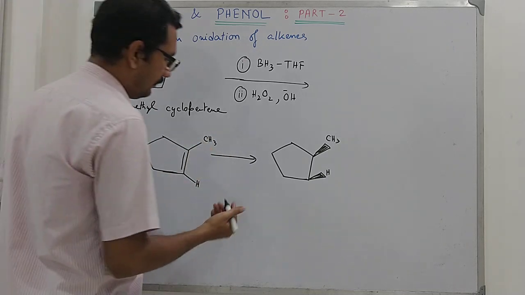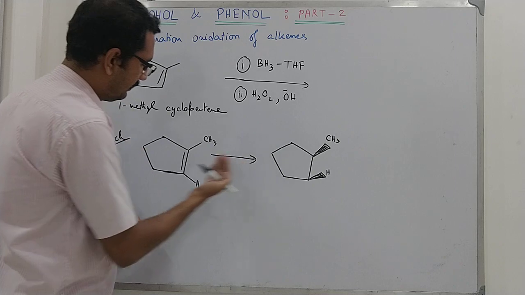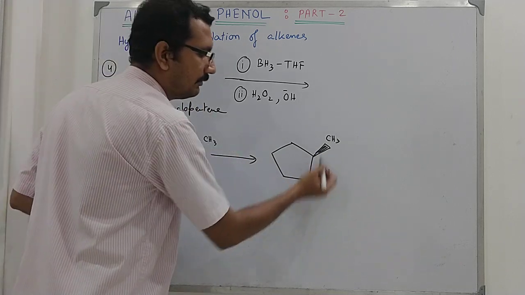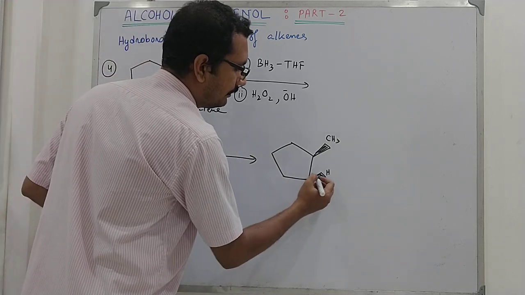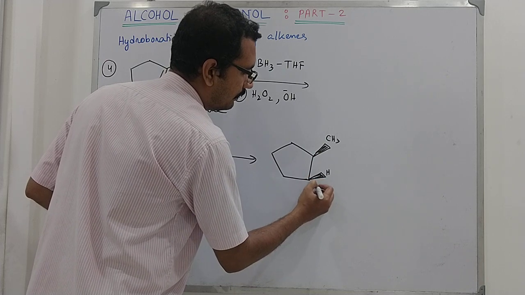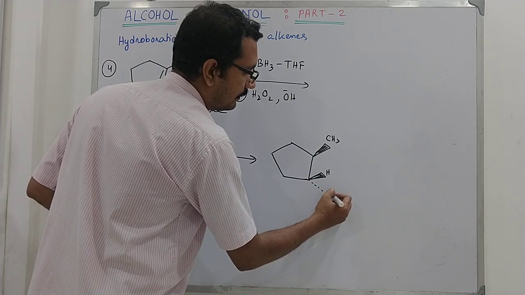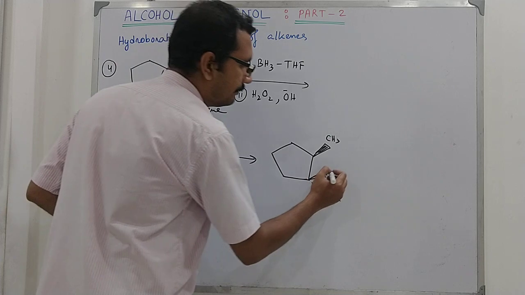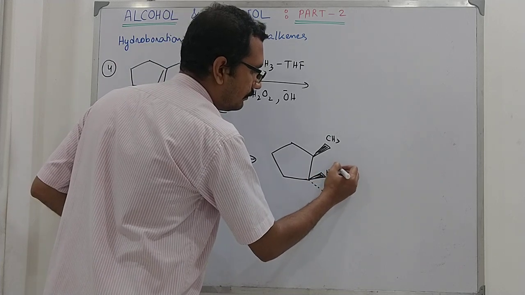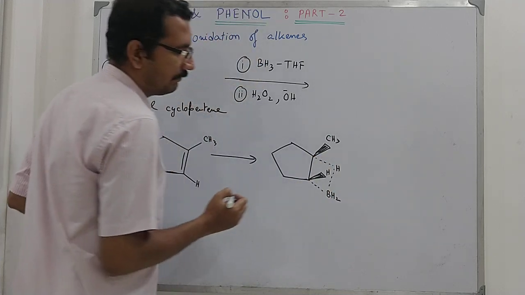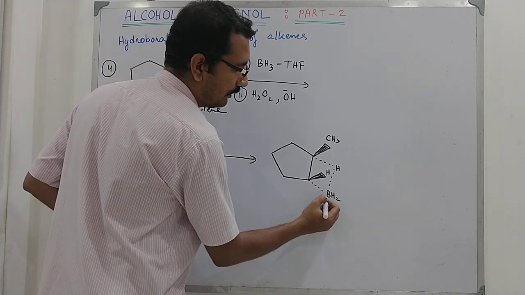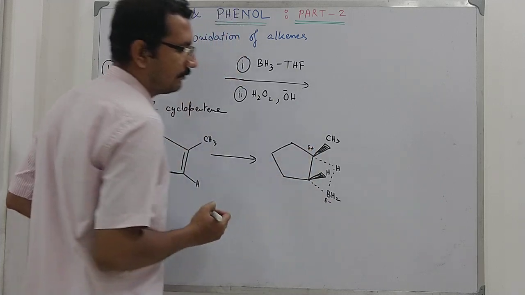Now if it comes to the lower portion, then it will come to above the plane. Now here we have this BH2. Now this will give us a del minus here and del plus here.